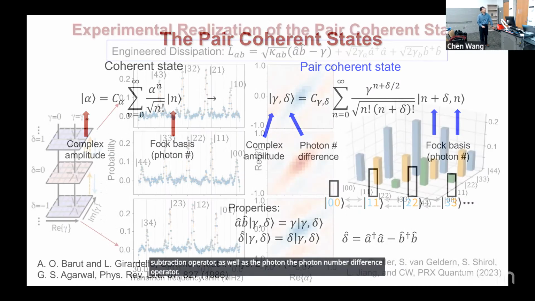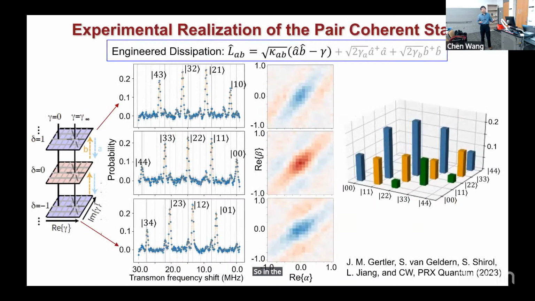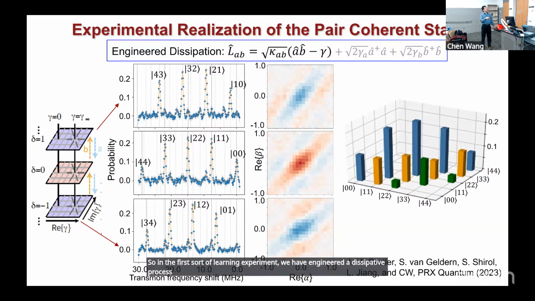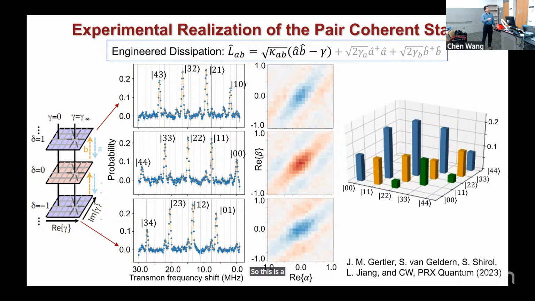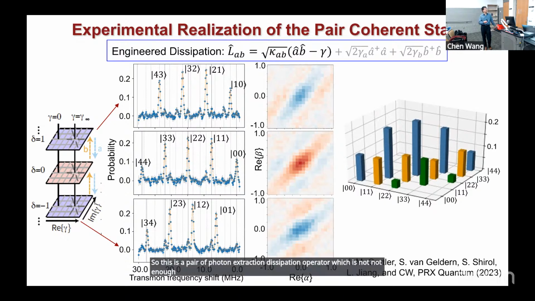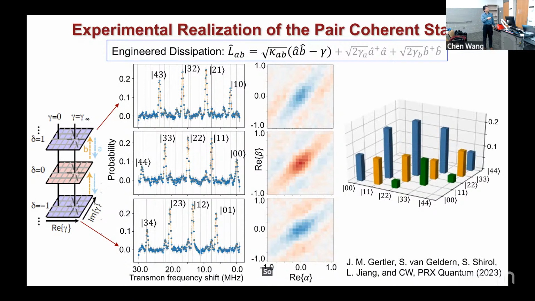So in the first learning experiment, we engineered a dissipative process which stabilizes the PCS manifold. This is a pair photon extraction dissipation operator, which is not enough eventually to do the PairCAT code, but we were able to stabilize and study the properties of these pair coherent states. If we pump from the vacuum state, we're able to stabilize this state, which has a positive Wigner fringe.